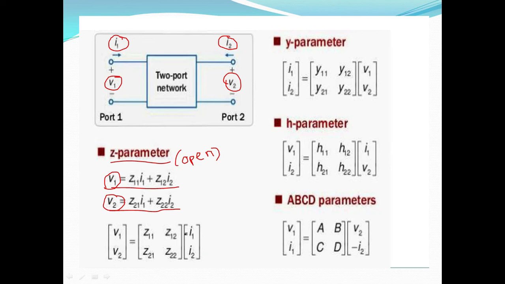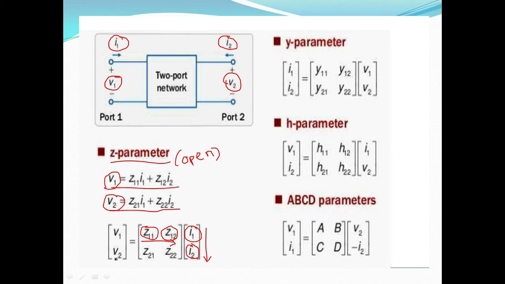Hence Z11 I1 plus Z12 I2 means you multiply row wise with the column wise. Here is Z11 I1 plus Z12 I2.